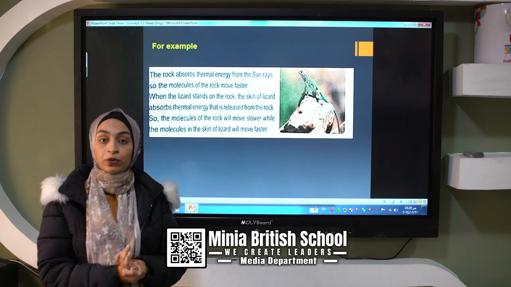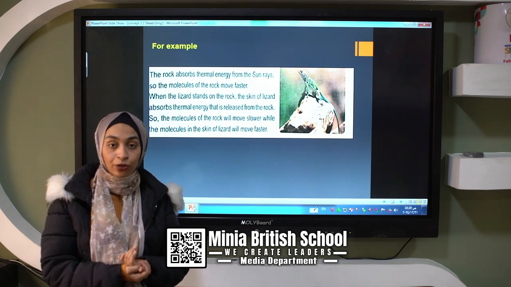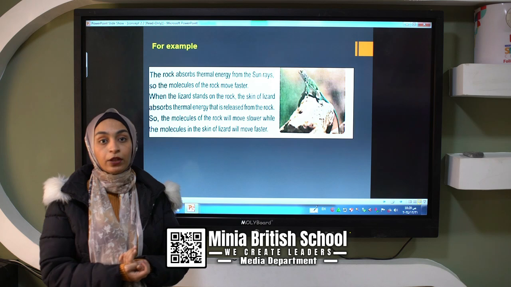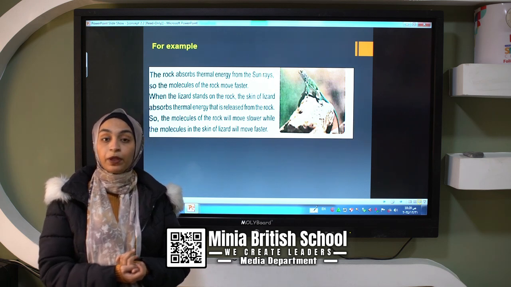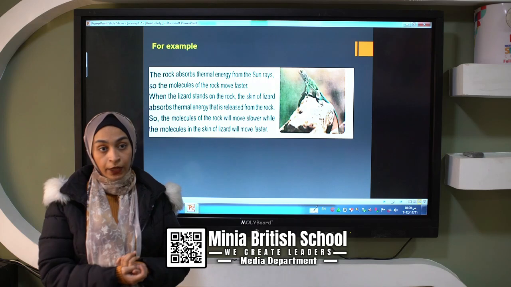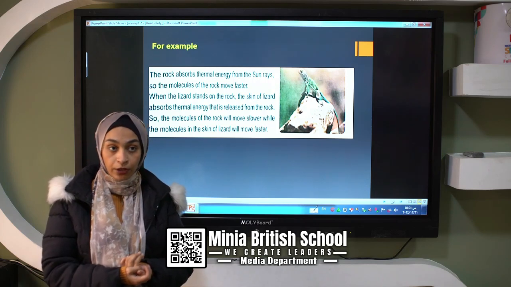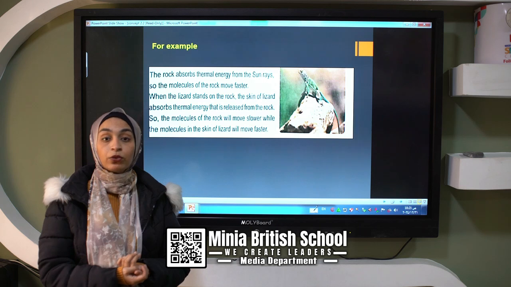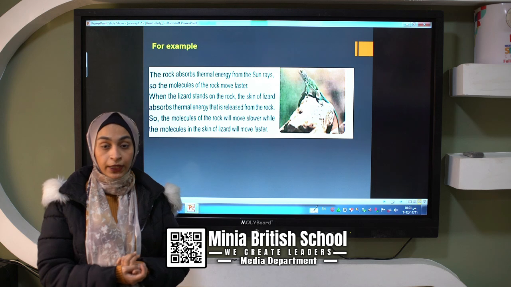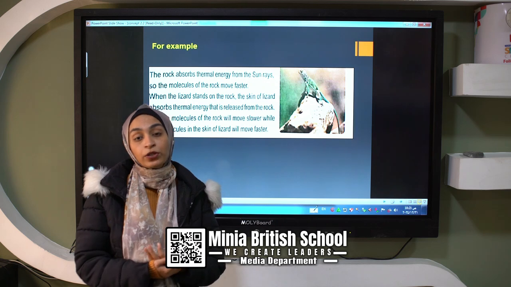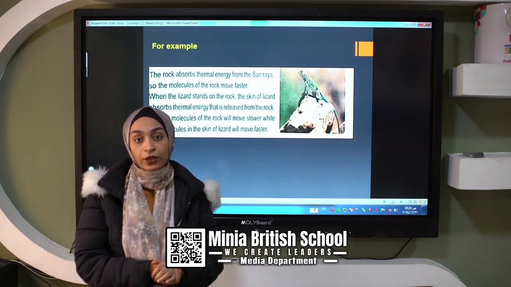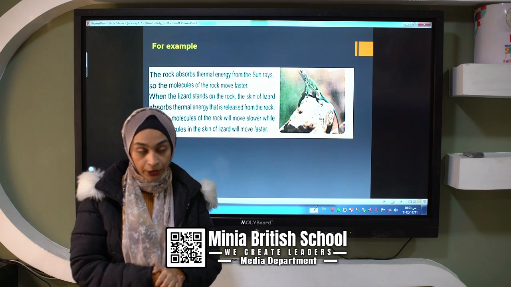Also in the last concept we talked about thermal energy, the law of conservation of mass, the law of conservation of energy, the transformation of energy between potential and kinetic energy, and the wasted energy. And we finally ended the concept with the lesson of new materials and how scientists create new materials and the ways they use to get these materials.